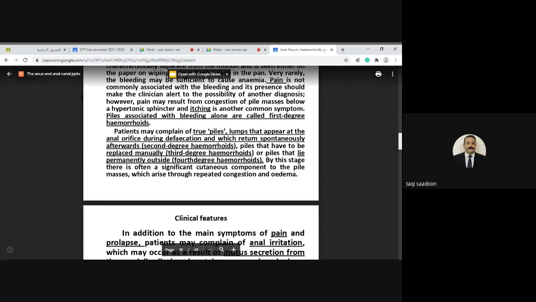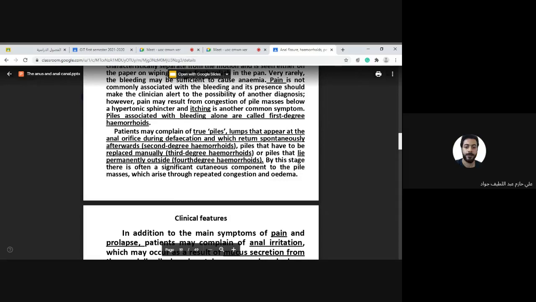But if the patient has to replace the piles manually by hand, this is third degree. But if the piles are permanently outside and do not return back, this is fourth degree hemorrhoid. Is it clear?